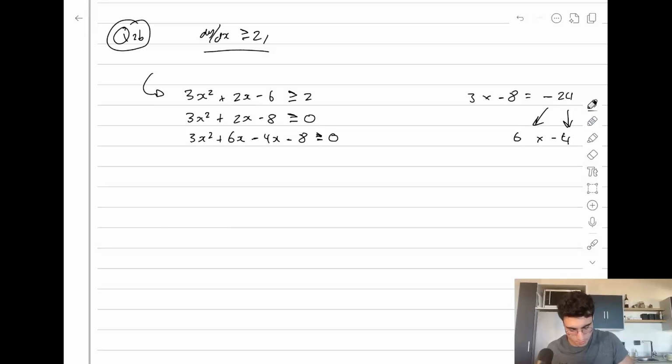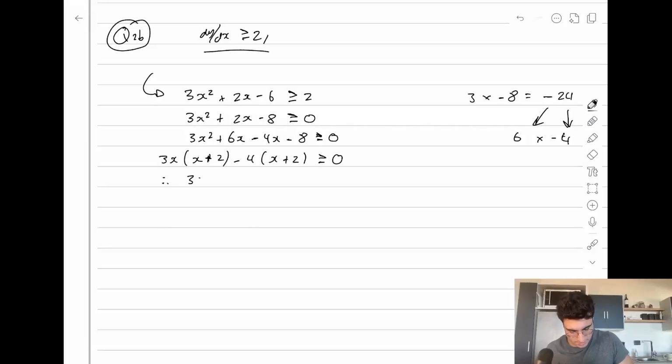Which means that if we take out 3x, we've got 3x times x minus 2, minus 4, x plus 2. That's all going to be greater than or equal to 0.